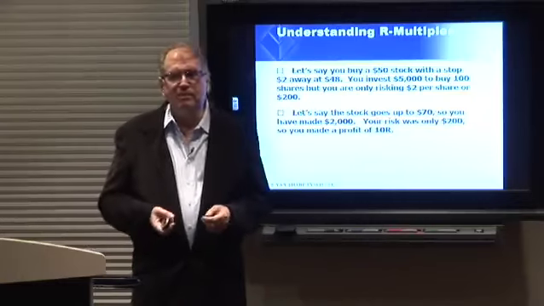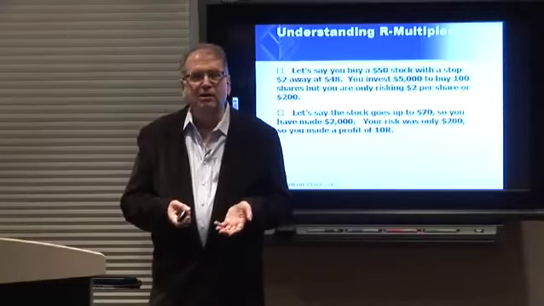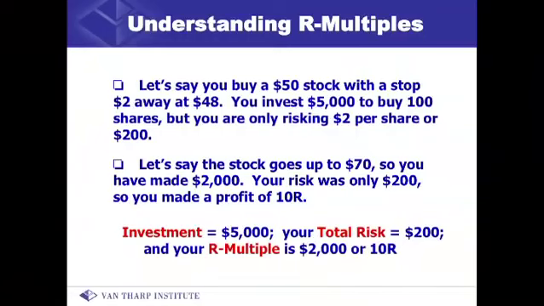The stock goes up to $70, so you've made $2,000, but your risk was only $200, so you've made a 10R gain. So notice here, 10R doesn't mean you made 10 times your investment. 10R means you made 10 times your risk. Investment, $5,000. Total risk, $200. R multiple, or gain, $2,000, or 10R.